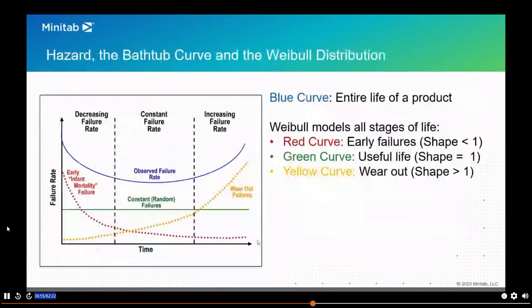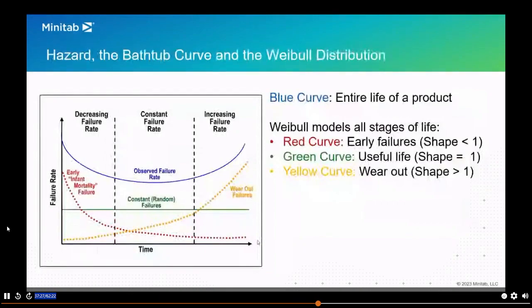If you choose a Weibull distribution, the Weibull distribution has something known as a shape parameter, which actually determines what it looks like. We call it kind of the shape shifter distribution, because if the shape parameter is less than 1, it means you're modeling a decreasing hazard. Or the left side of the bathtub curve, the red curve here, the hazard looks like this. You start with a high failure rate and things slow down. Again, that's your manufacturing defects.